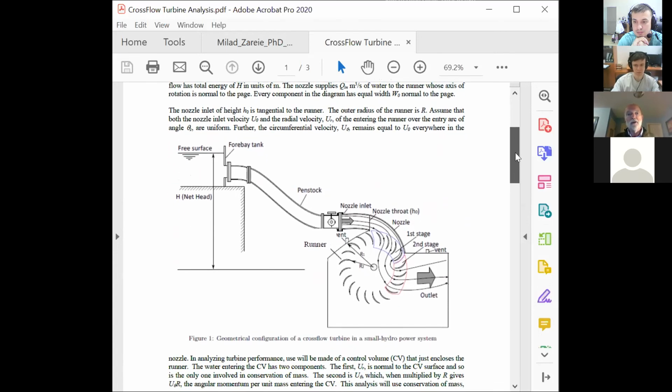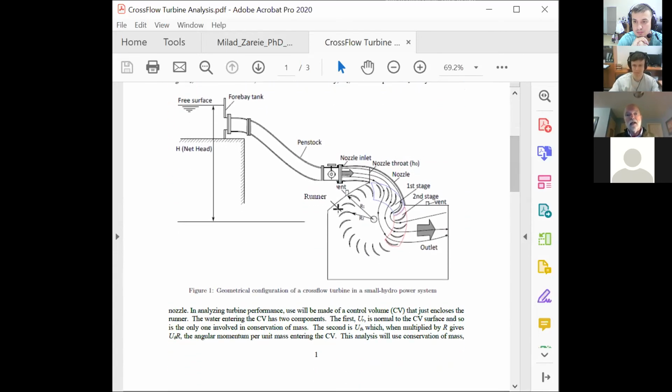And a cross-flow turbine looks in schematic form, as you can see here. So there is a water supply, and that water supply has a physical height above the center of the turbine.